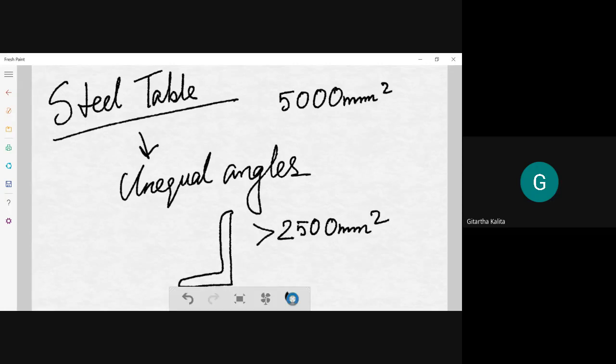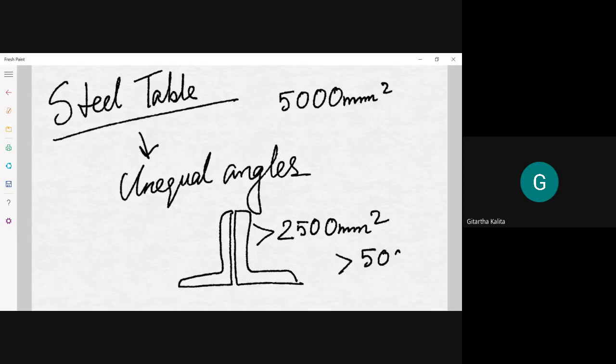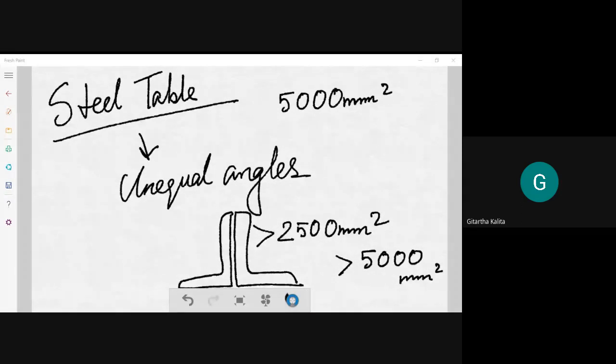Because if we join two of them, then the area will be greater than 5000, isn't it?